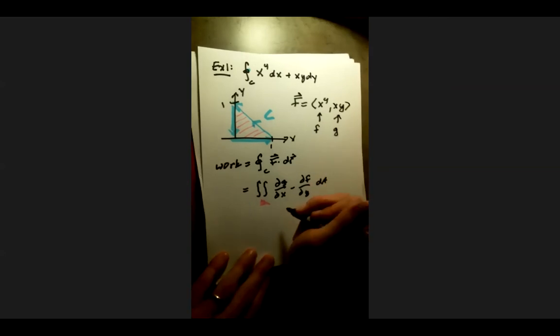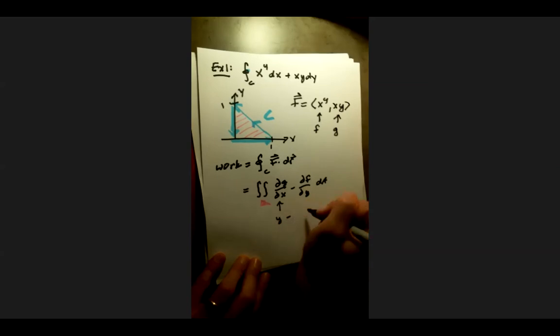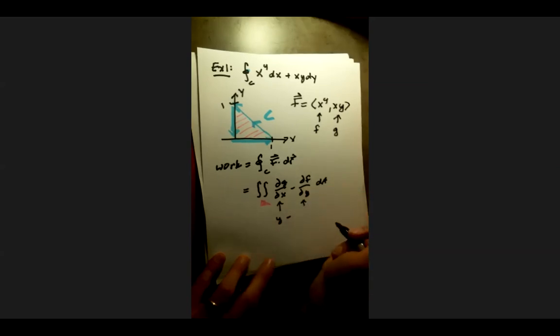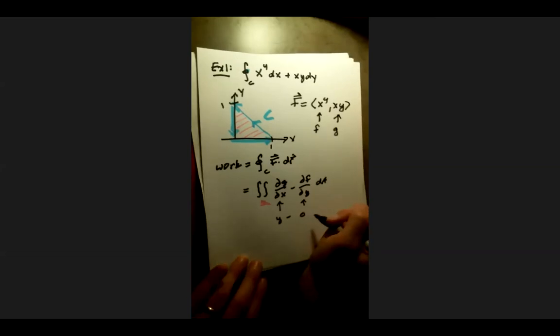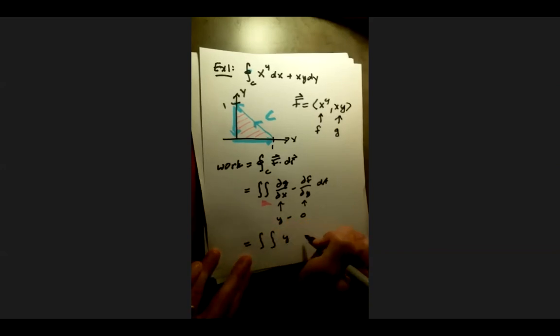What Green's theorem says. What's the partial of g with respect to x? Y. Right, good. And partial of f with respect to y? 0. So this will be equal to the double integral of y dA.